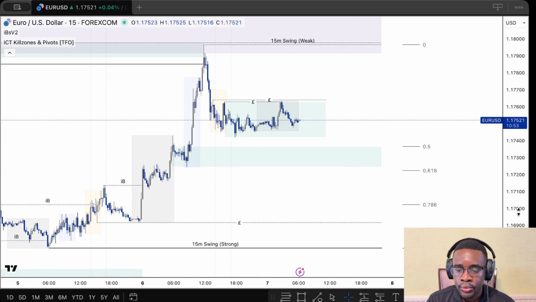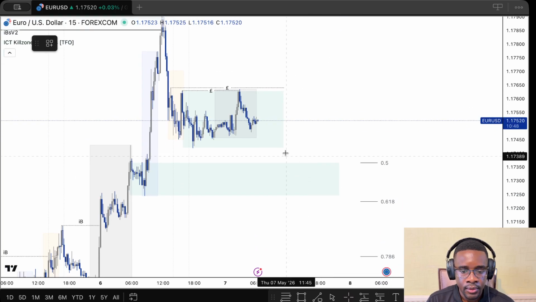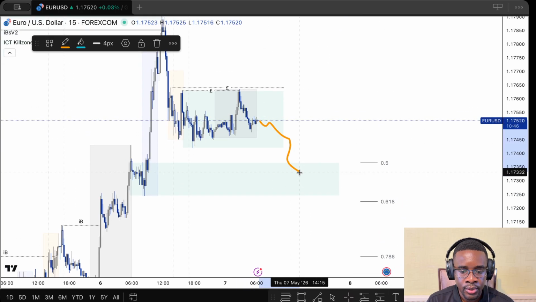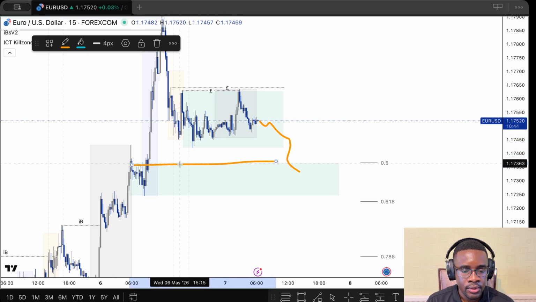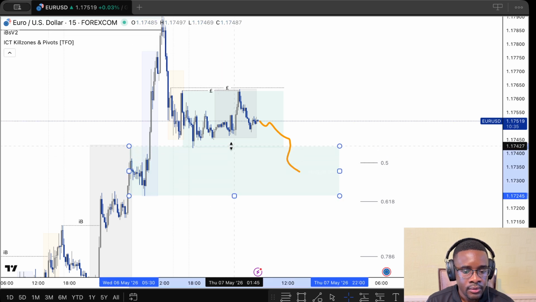So expectation now is that at the very least price comes down and mitigates into this area. Okay, now we could say it has already done that if we're just looking at the sell to buy range.